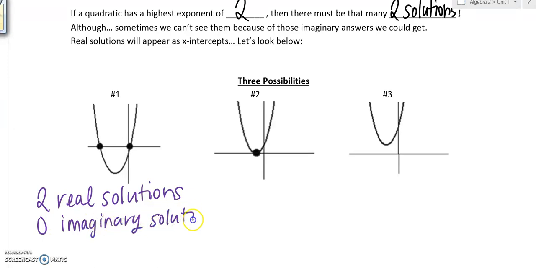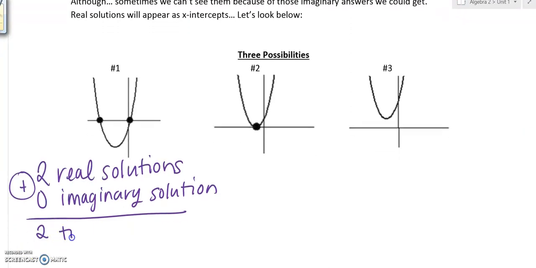The reason I know that is because when I total these up, this total has to equal 2. So I'm going to write 2 as the total. I saw from my graph that it has 2 real solutions. It crosses twice, which makes it have 0 imaginary.